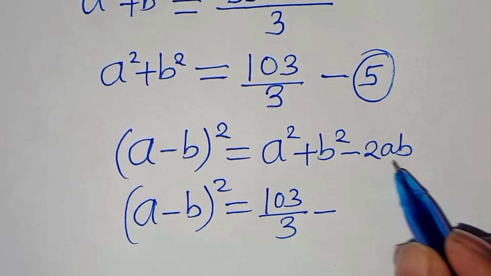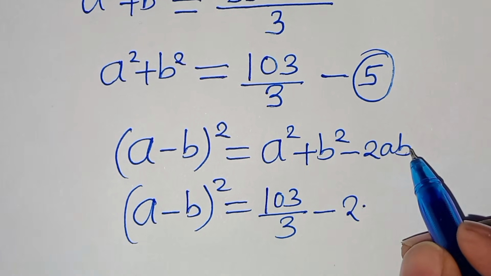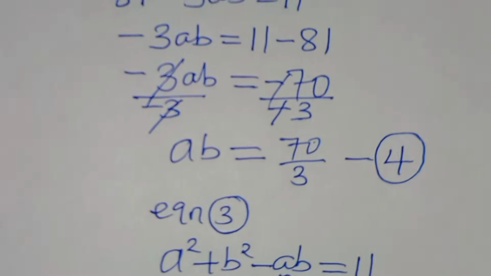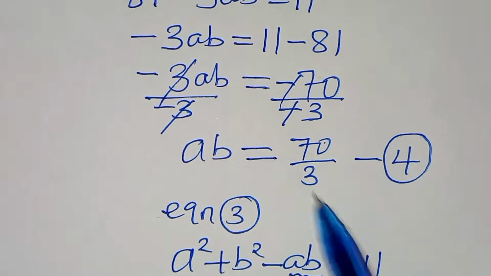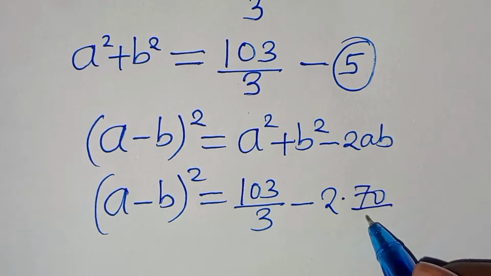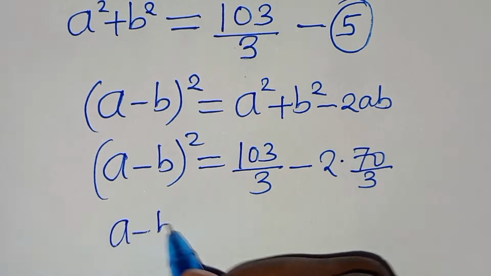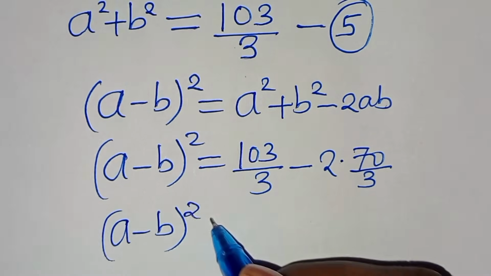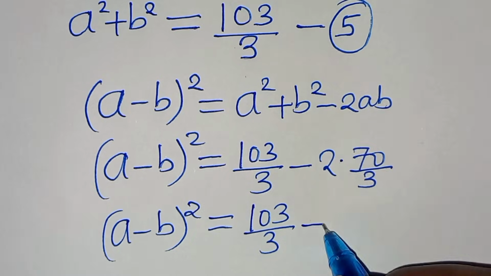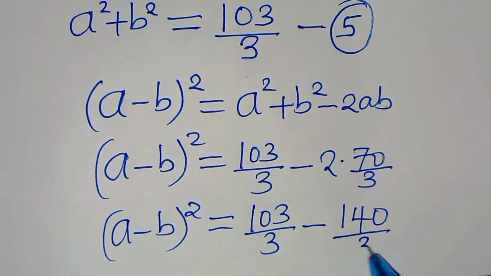Then subtract 2 multiplied by a times b. A times b is what we have in equation 4, which is 70 over 3. So a minus b to the power of 2 is equal to 103 over 3 minus 140 over 3, since 2 times 70 is 140.